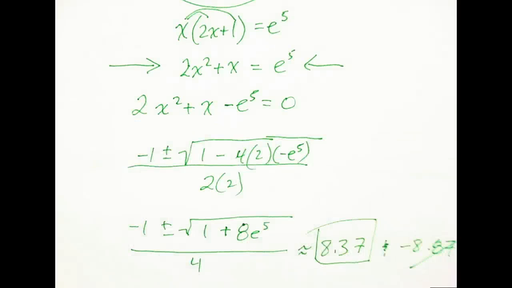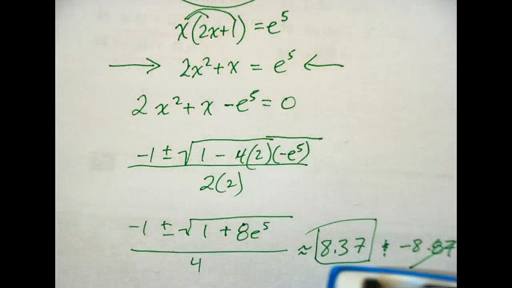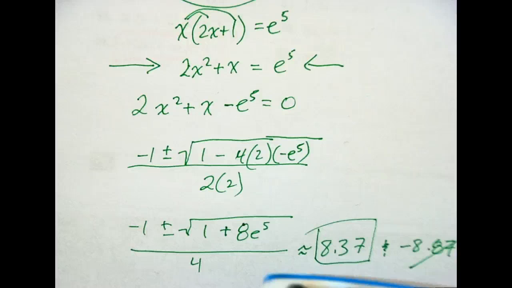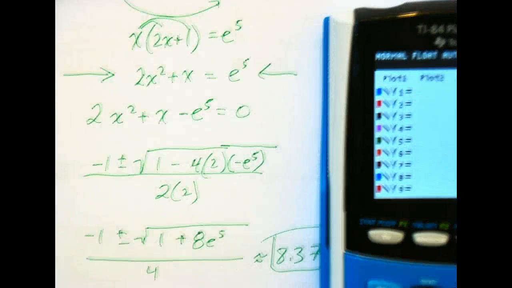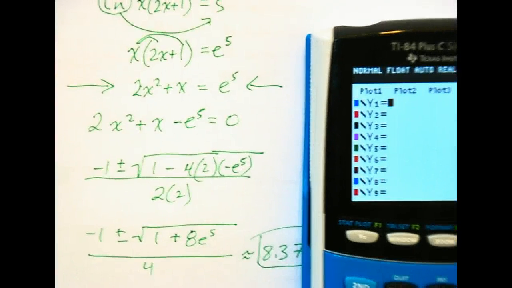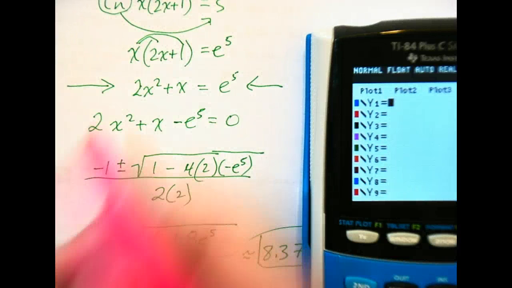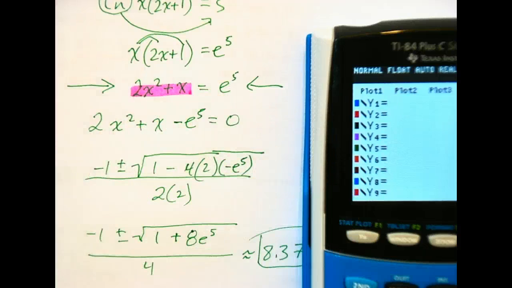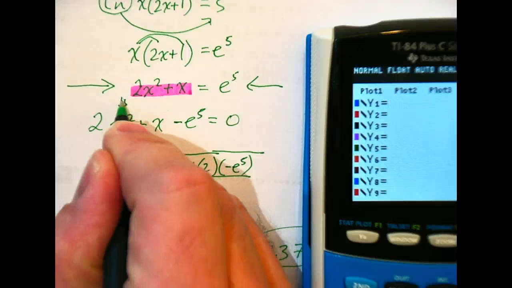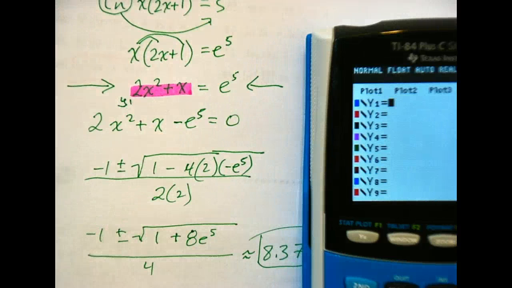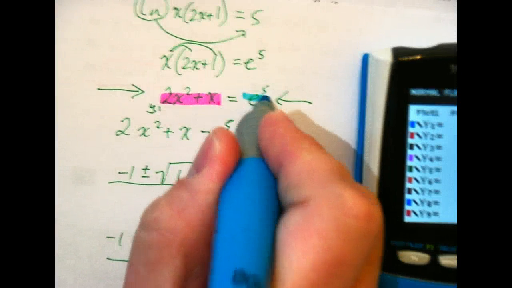You could take your graphing calculator, and in your y equals menu, you could actually put in two different equations here. This portion right here, we could call y sub 1, and we could call this portion over here y sub 2.